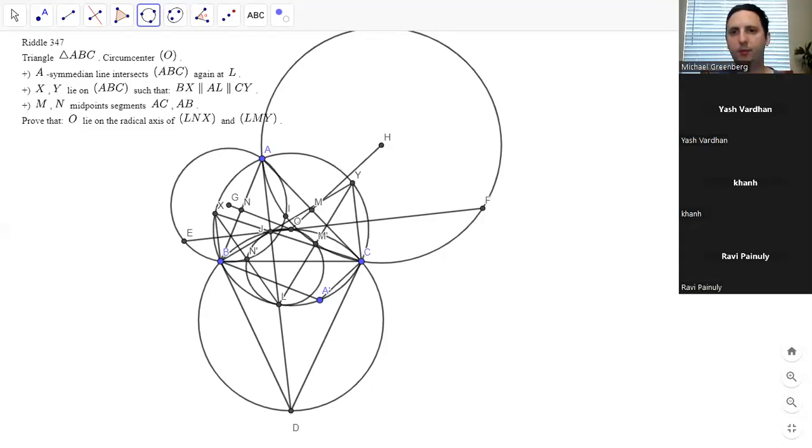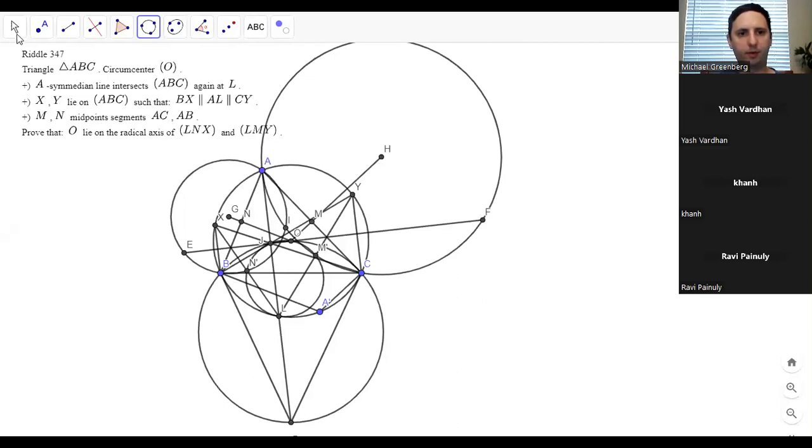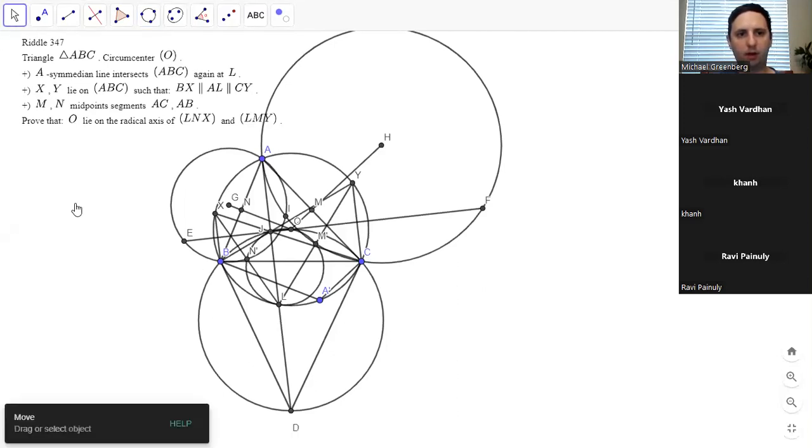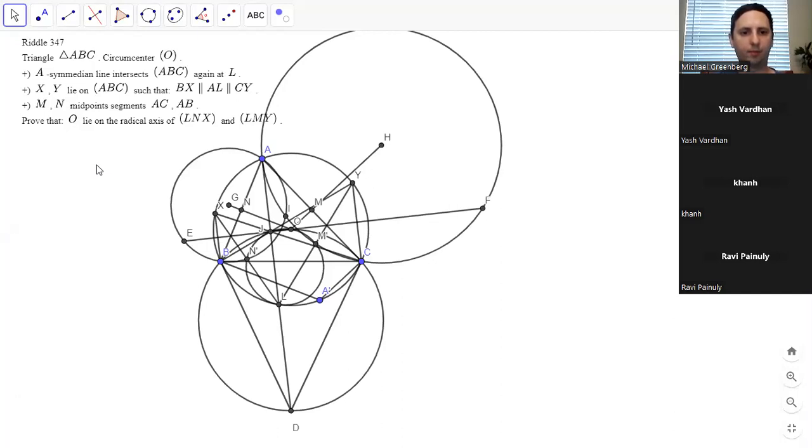So we're on our second problem. I feel like we've made a lot of progress on it, but we transformed it into a very different problem. Sorry, there's a lot of information here, but basically we have the median AL, and then BX and CY are parallel to AL, and they lie on the circle.